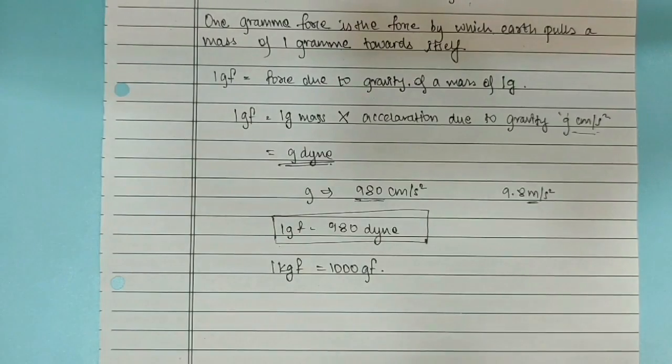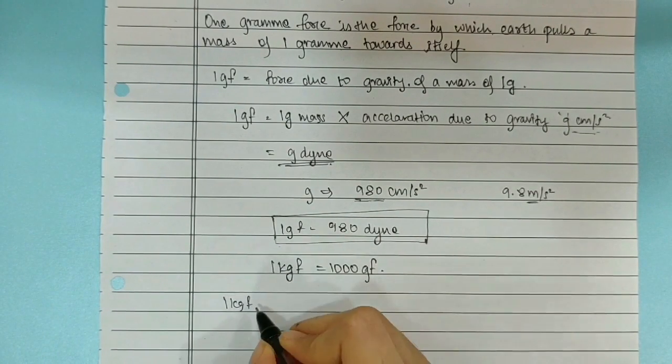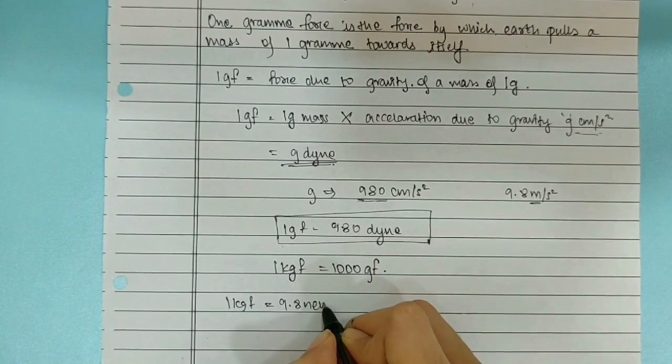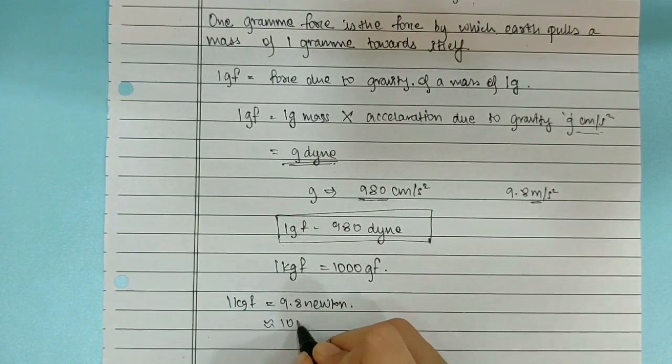Now earlier we had studied that 1 kgf was equal to 9.8 Newton, right, which can also be approximated to 10 Newton.